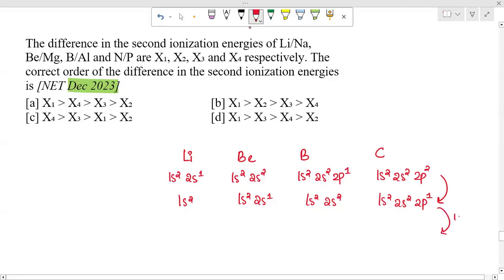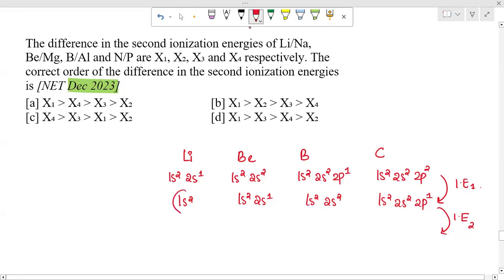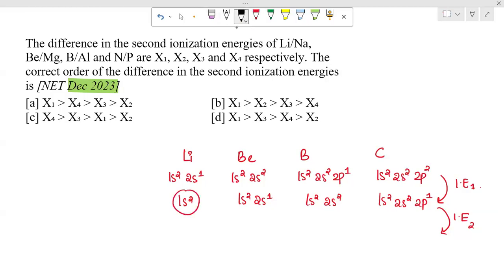Now we have to compare the second ionization energy. Look at the configurations: 1s2 and 2s1. 1s2 is a noble gas configuration, so lithium will be higher than beryllium for sure. So this has become lithium plus and this is beryllium plus.